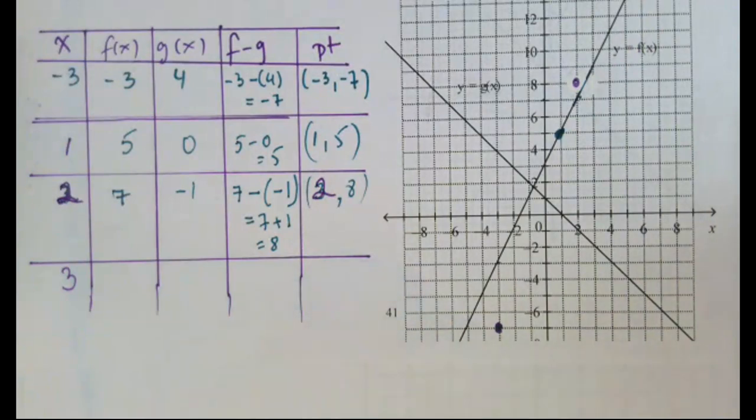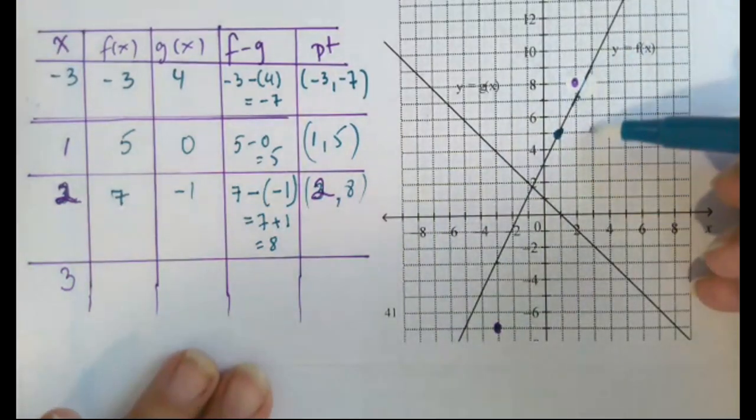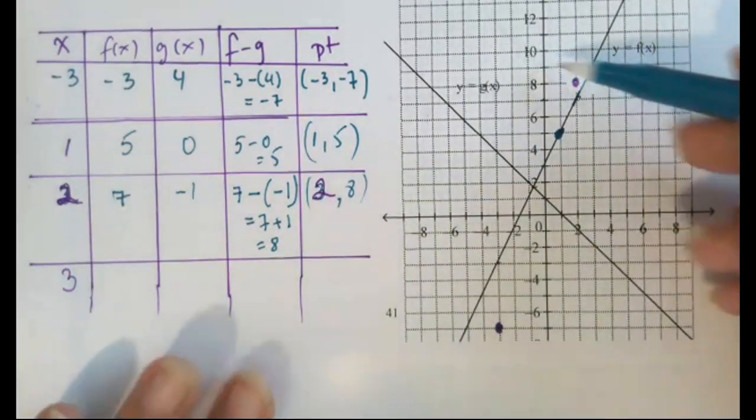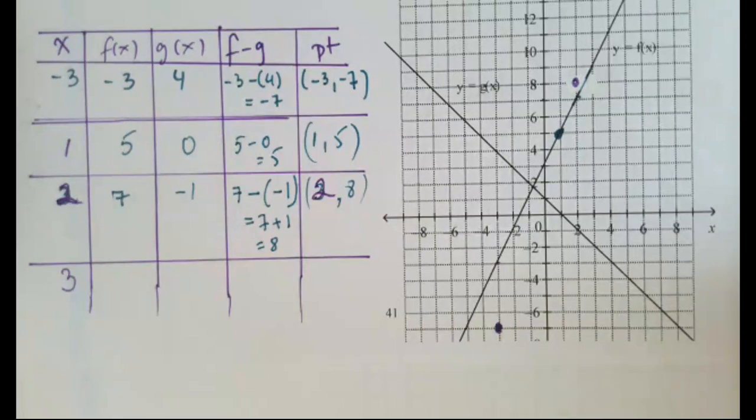So first value we need is f of x at 3. Anybody can jump in. 9? It'd be 9, that's right.